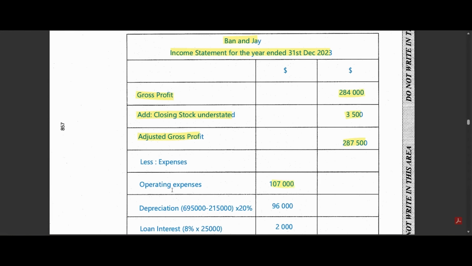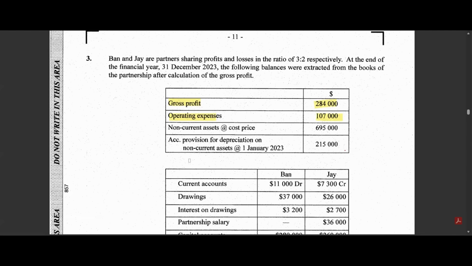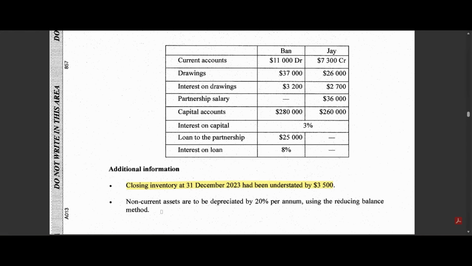Great. But remember, there was a note telling us about depreciation as well. Let's see the note. Now, the non-current assets are to be depreciated by 20% per annum using a reducing balance method. Now, you guys remember how to work all this. Depreciation is treated like an expense, so it must be subtracted as part of your expenses in your income statement.